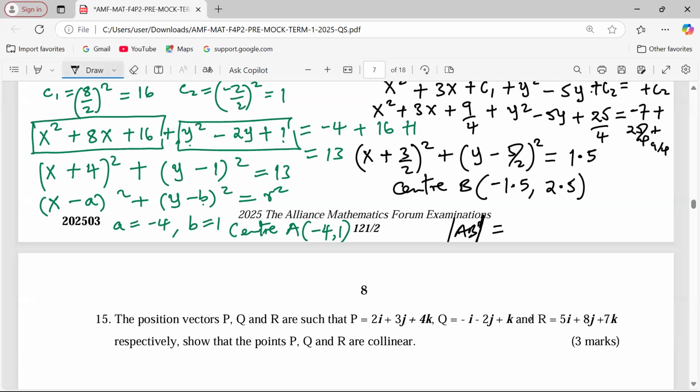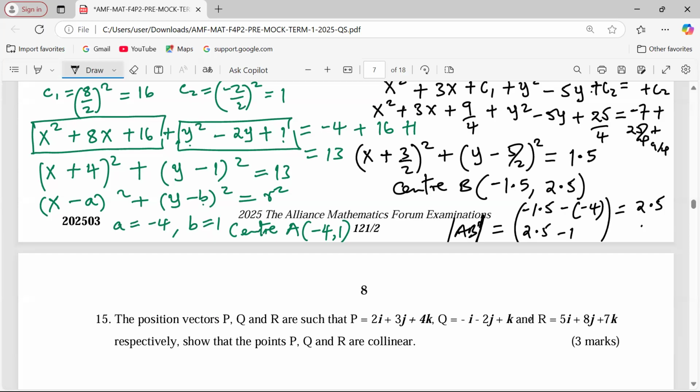So we talk of negative 1.5 minus negative 4. Then the other component has to be 2.5 minus 1. So when we take negative 1.5 plus 4, this will give us 2.5.